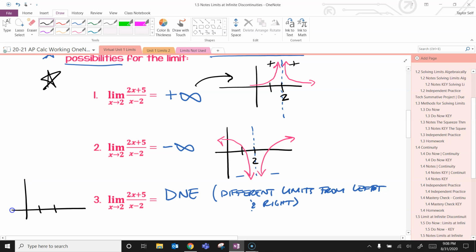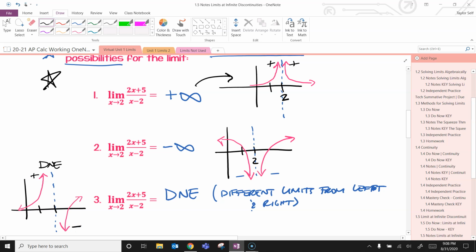1, 2. If the limit did not exist, that would mean the left and the right approach different values. Maybe the left approaches positive infinity, and the right side approaches negative infinity. This limit would be does not exist, because the left side approaches positive and the right side approaches negative.